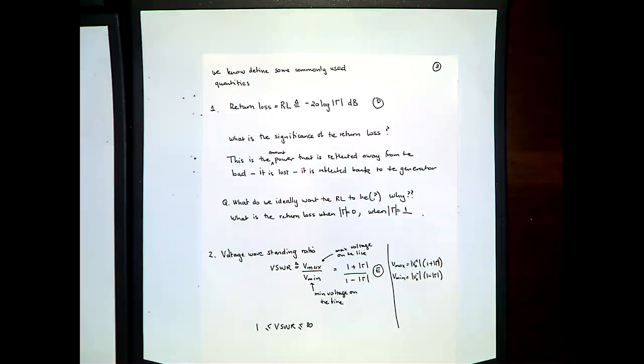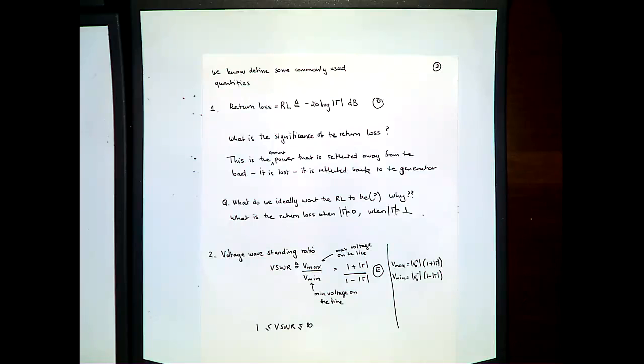What's the minimum value? 0. Really? Or is that the maximum value? Okay, so the magnitude of gamma is a value from 0 to 1. So therefore the maximum value of the magnitude of gamma is 1. 20 log 10 of 1 is?